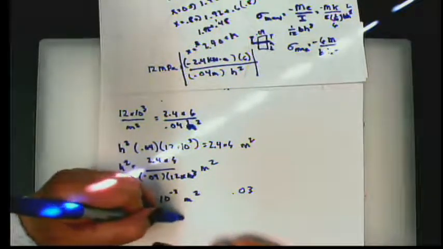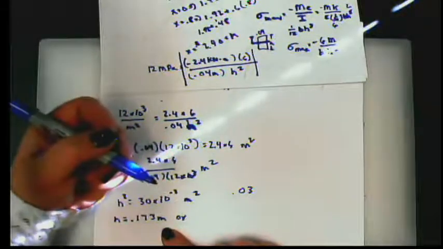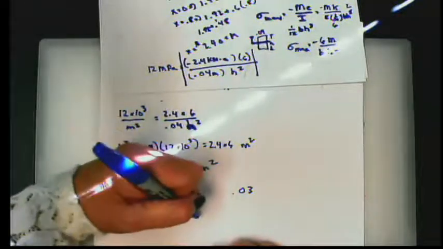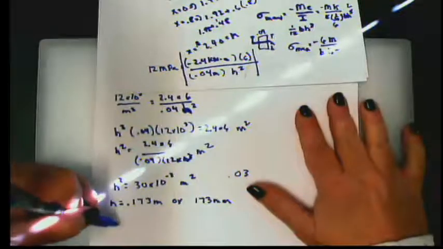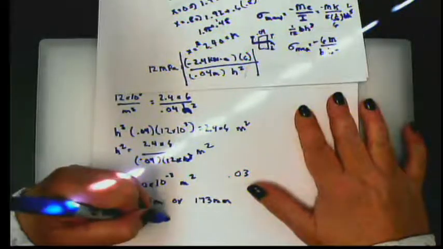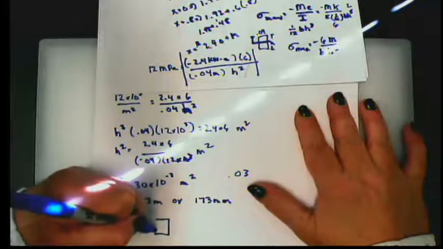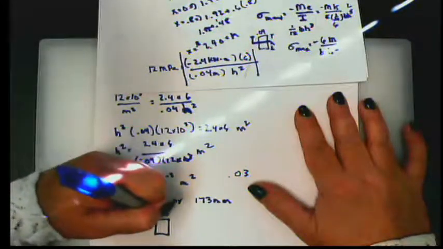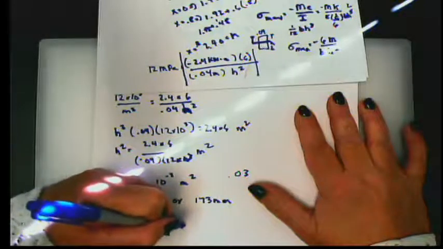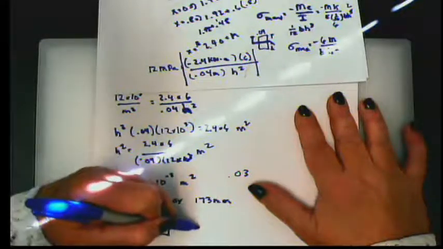Or if I want to report it in millimeters, it would be 173 millimeters. So therefore, for my design, I need a piece of wood that's 40 millimeters by 173 millimeters.